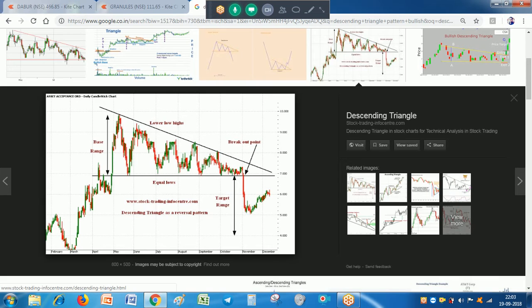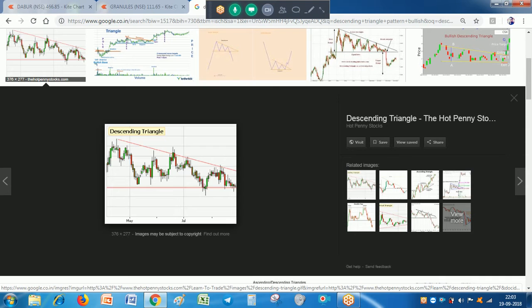But you could see here the stock has not given that much. Sometimes, friends, stocks do not give 100% of the range. Sometimes they may reverse somewhere in the middle also. So this is an incomplete one.